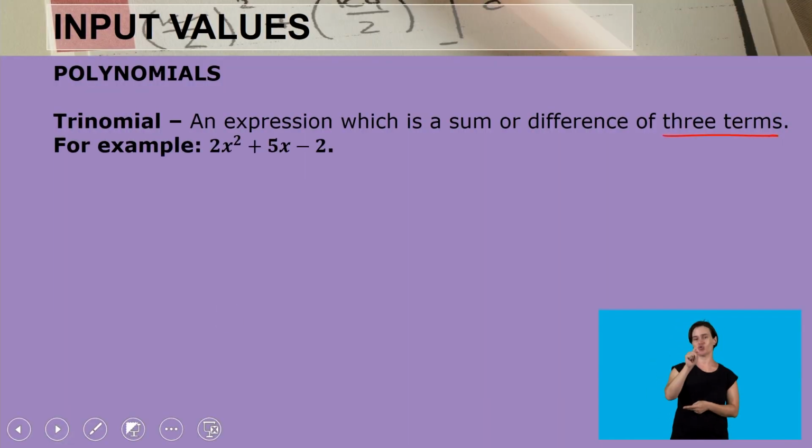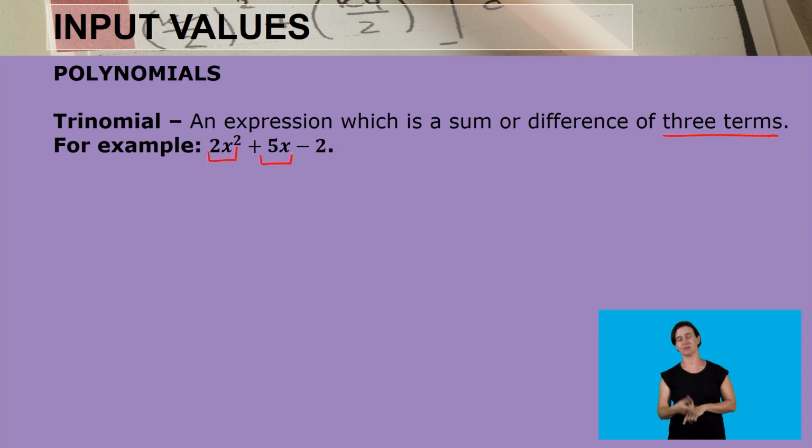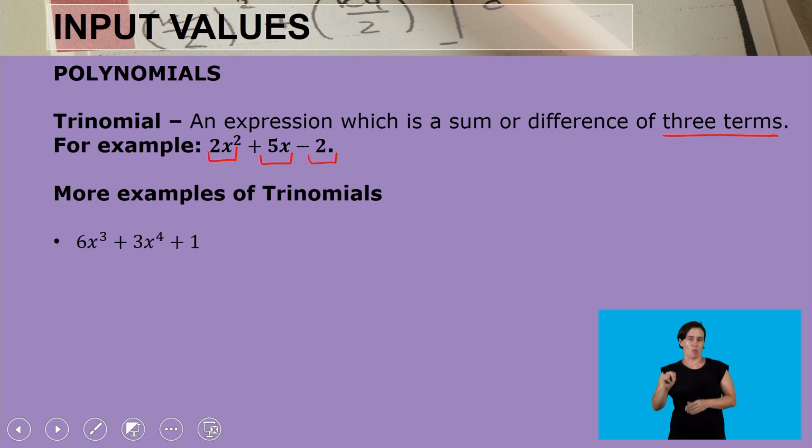An example of this would be 2x squared, that's one term, plus 5x, that's another term, minus 2, that is the third term. So that is an example of a trinomial. Let's look at more trinomials. We have 6x cubed plus 3x exponent 4 plus 1. Those are 3 terms. Then we have 1 plus 7q squared minus 5q.